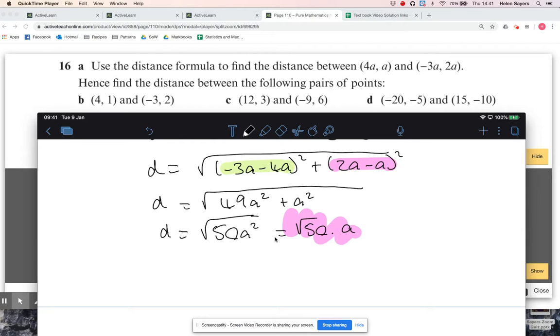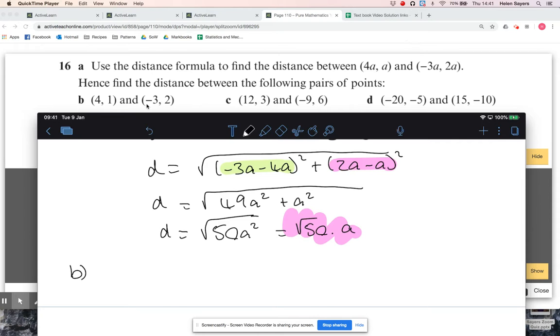Okay, then it asks us to do it with pairs of coordinates. To be honest, you could just go back and find the distance between those pairs of coordinates, but it does say hence, so we want to use our previous answer. All of these pairs of coordinates should follow this pattern.